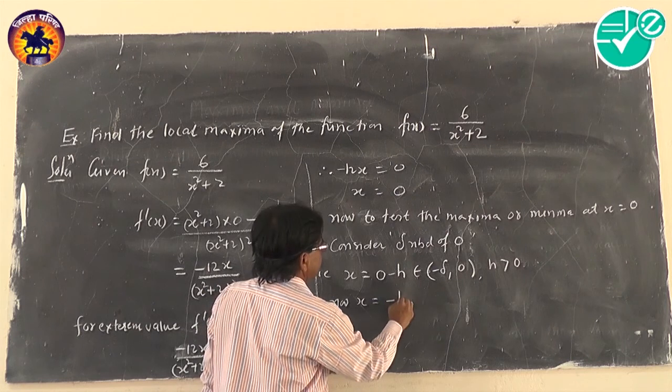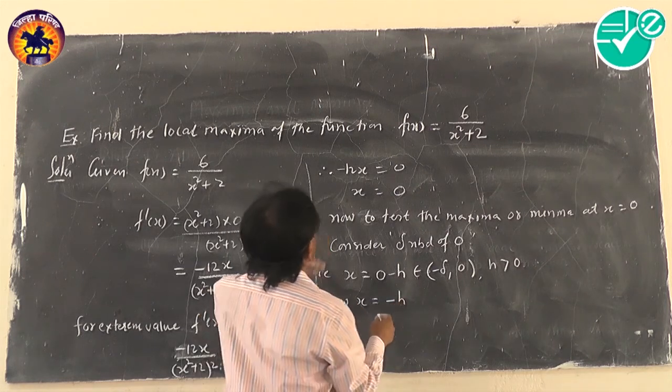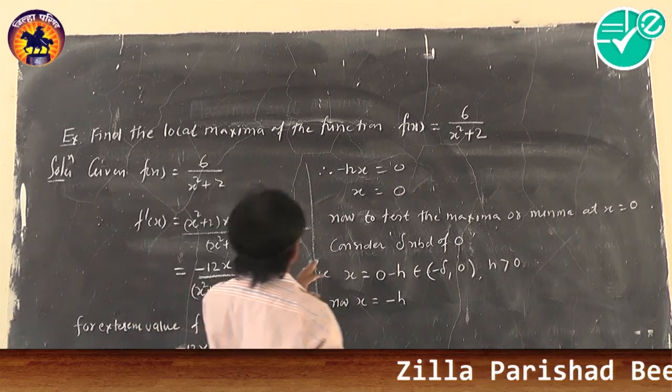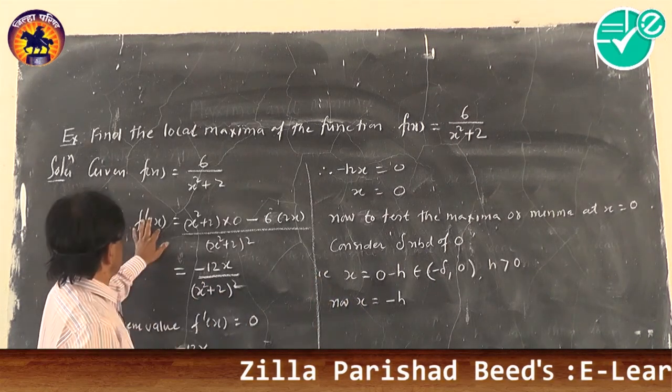Now x is equal to minus h, putting in f dash x.